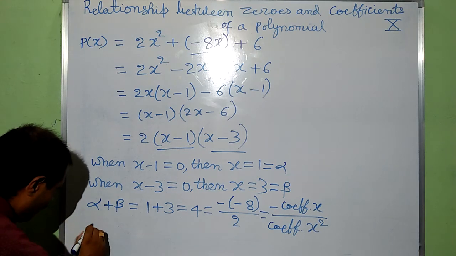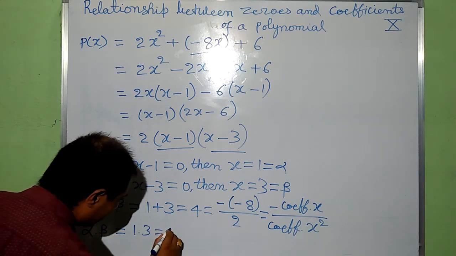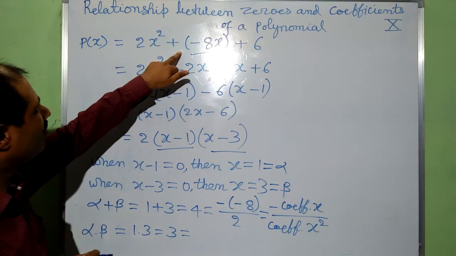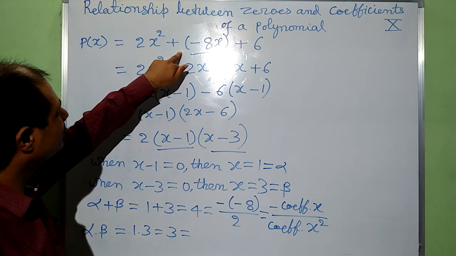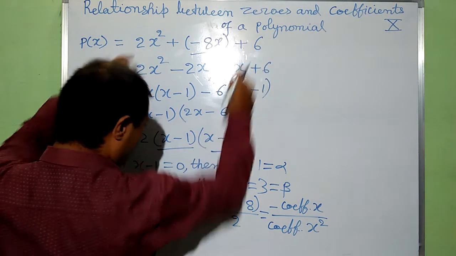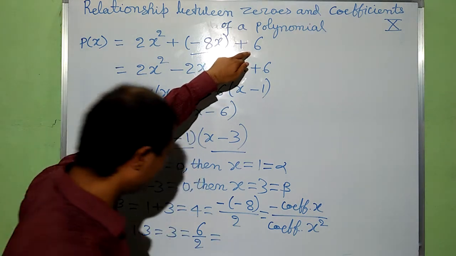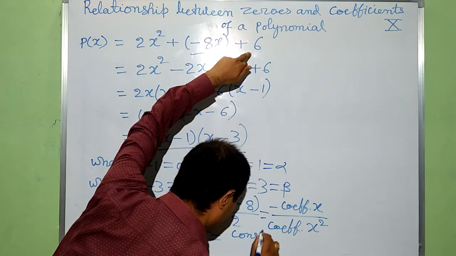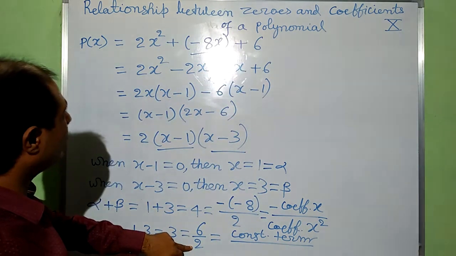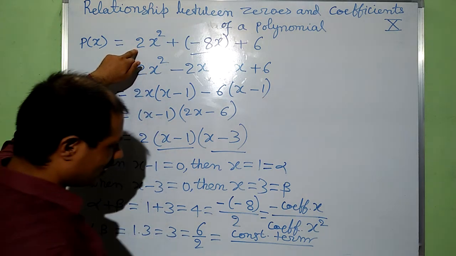Now alpha into beta, the product of zeros. The product of zeros will be 1 into 3, that is 3. Now we have to relate this 3 to the given quadratic polynomial, 2x square minus 8x plus 6. With the help of these two terms, we can find 3 as 6 by 2. And this 6 is the constant term, by 2, the coefficient of x square.